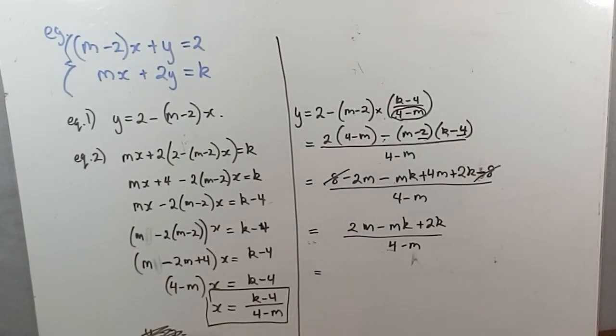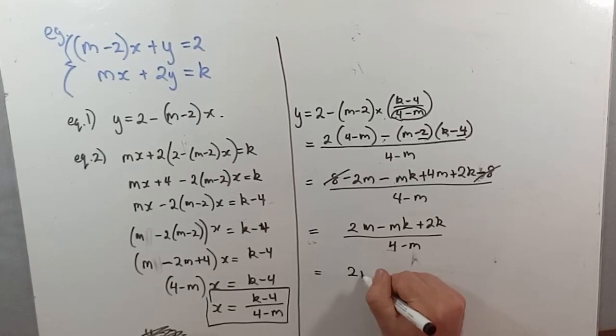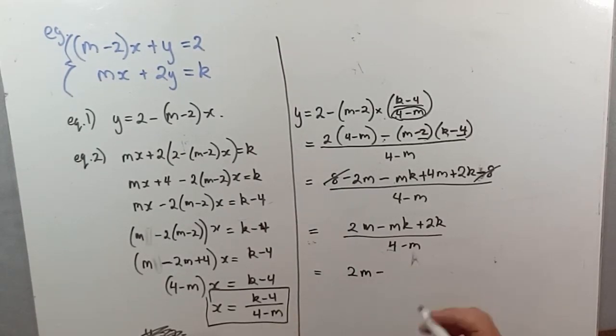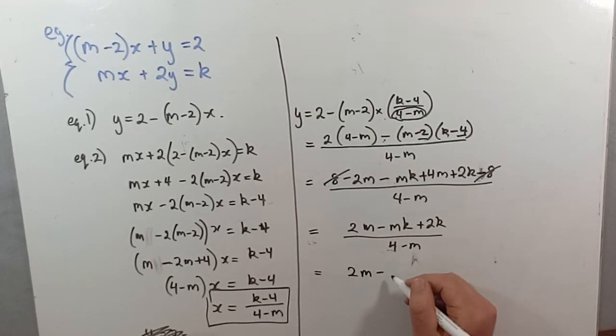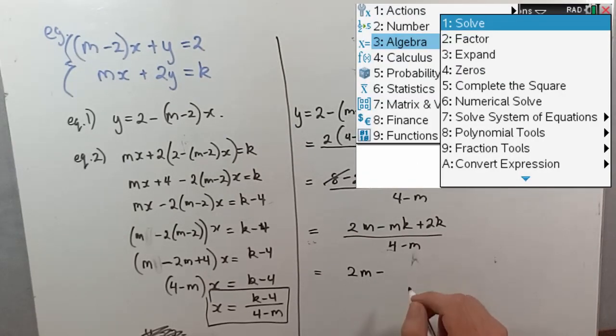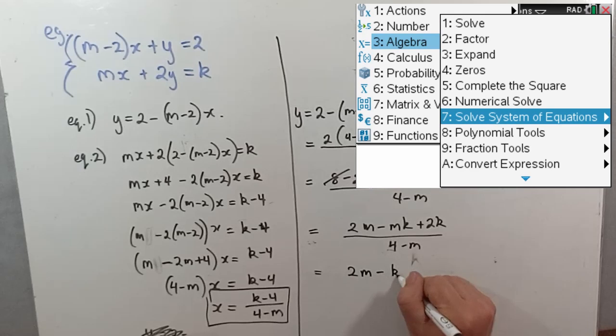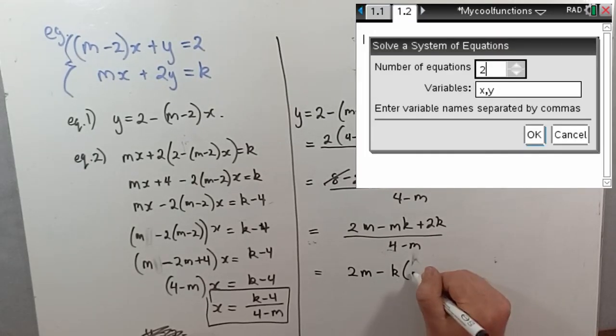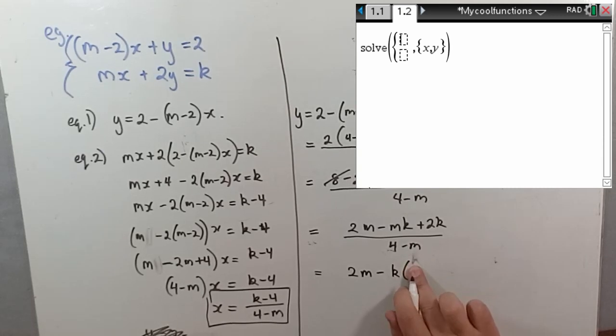If I want to, I could take out k, or I could take out m. I could have 2m minus k lots of 2 minus m, maybe.